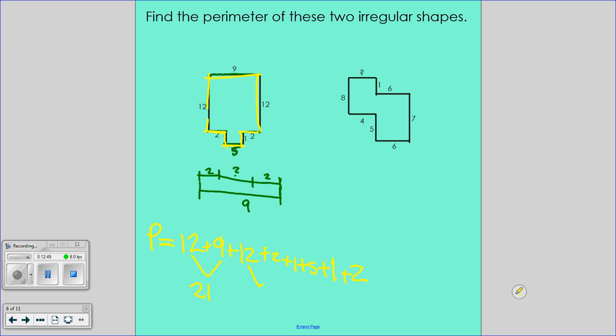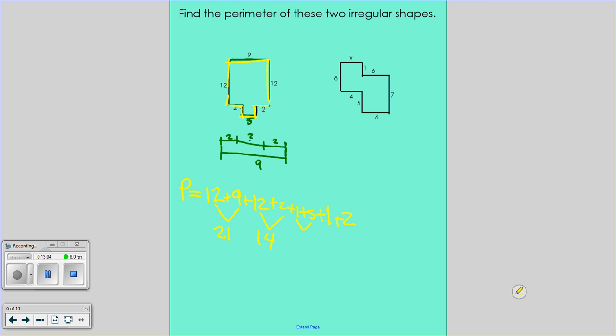Alright, let's do 12 plus 2. 14. 1 plus 5. Lucy? 6. 1 plus 2. 3.